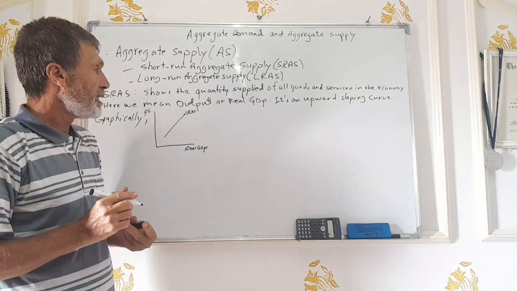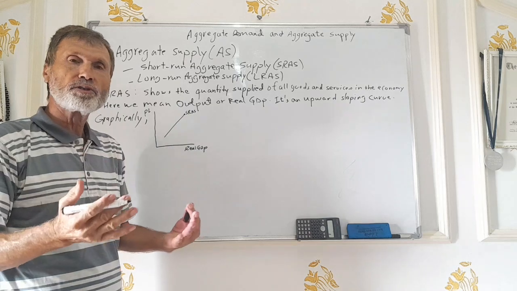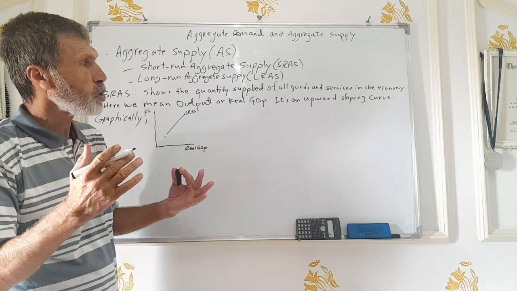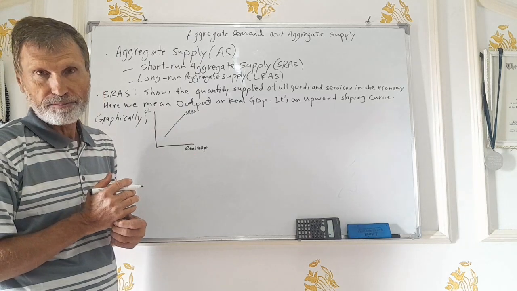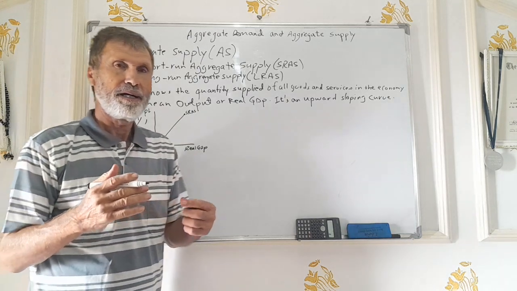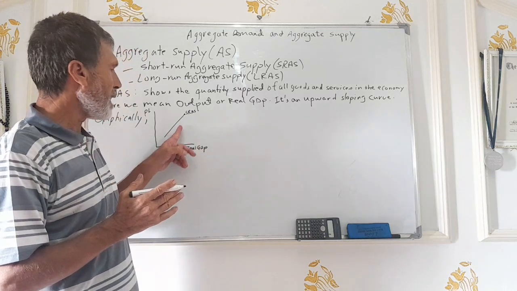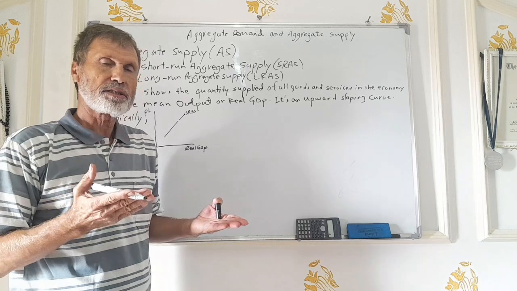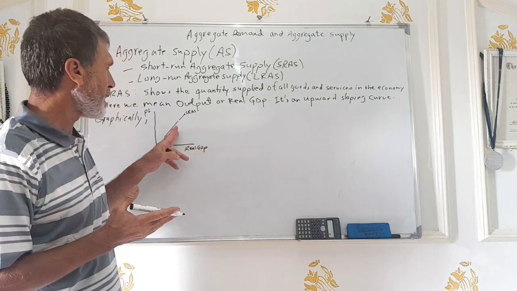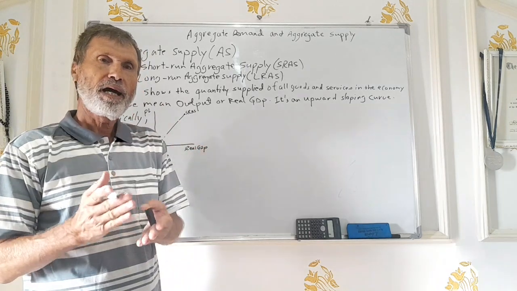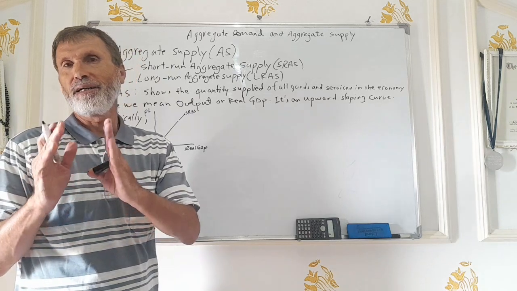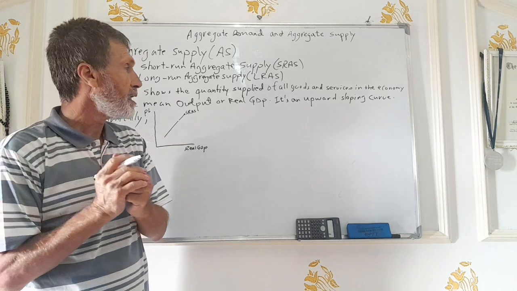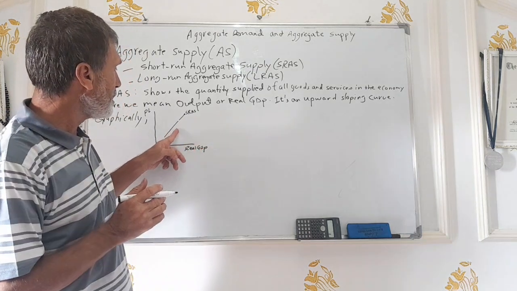Now, economists have proposed some explanations of the upward sloping curve of the short-run aggregate supply. In other words, when we say that the short-run supply is upward sloping, there are questions that may be asked: why is it upward sloping?